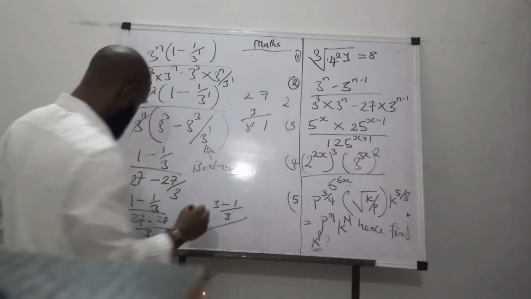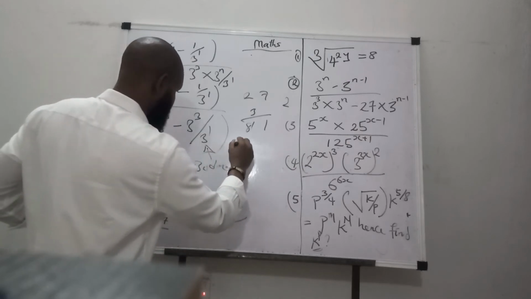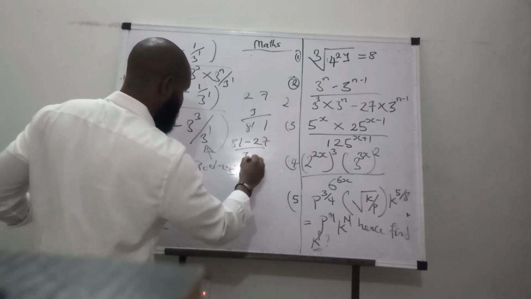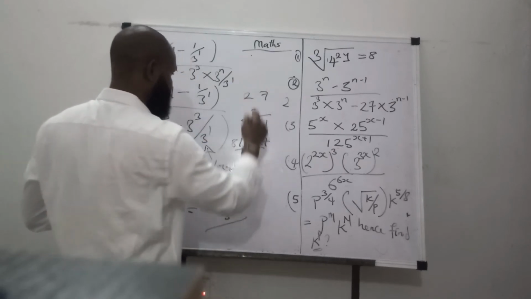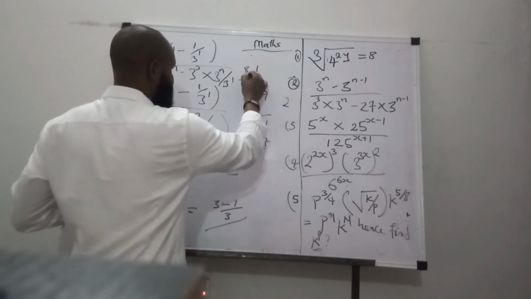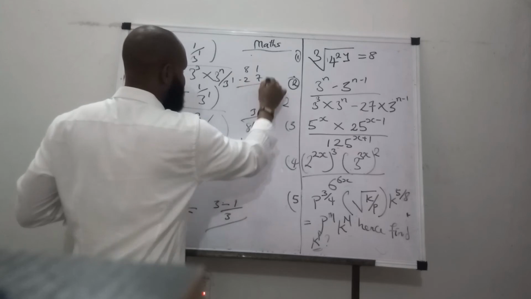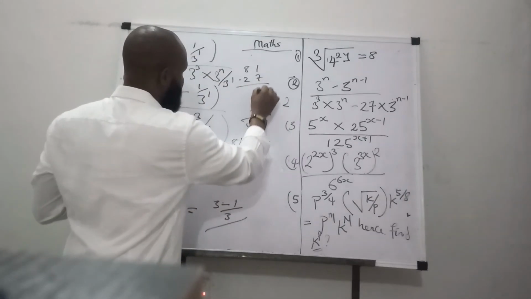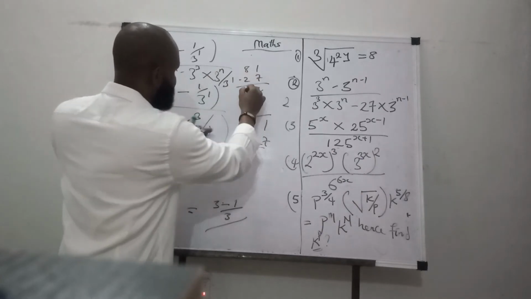81 minus 27 divided by 3, whatever it gives you. That is to say, 81 minus 27 would give me 54, correct?